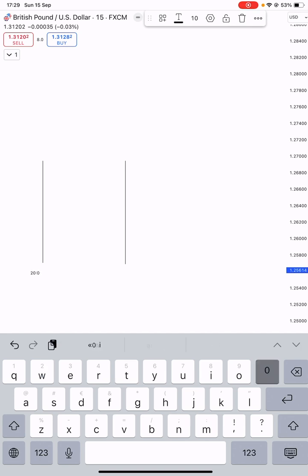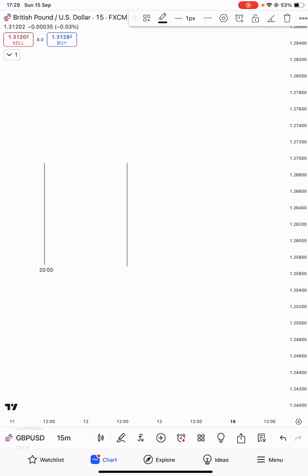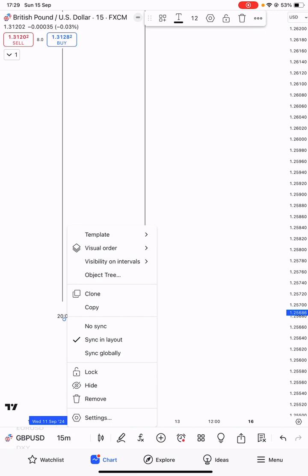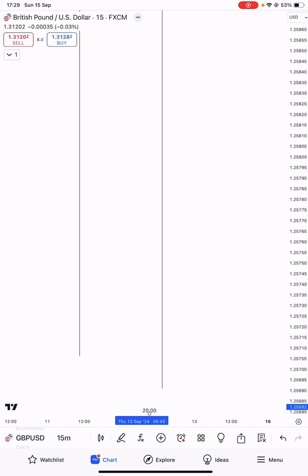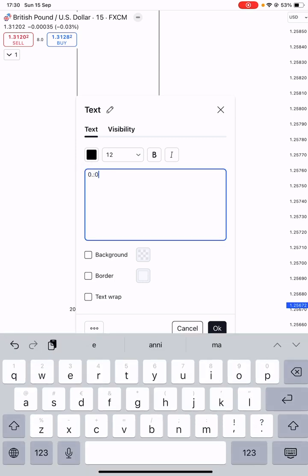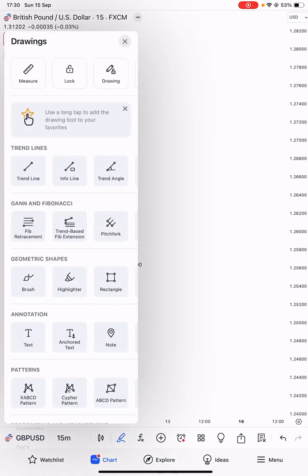So it's from 20 to midnight. Why? Because most of the time, if you go back in your chart, you'll see a spike in volatility at 20, so 8 p.m. New York time.